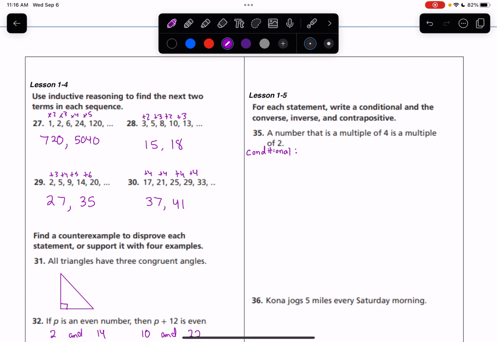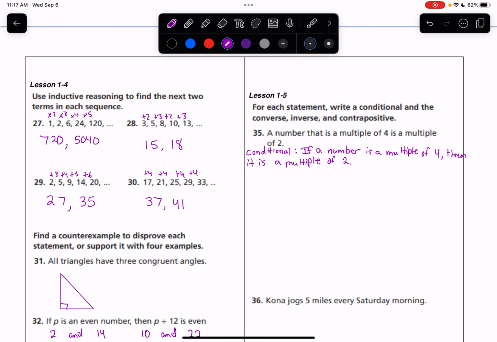So our conditional statement would be, let's see, if a number is a multiple of 4, then it is a multiple of 2. That's true, by the way.